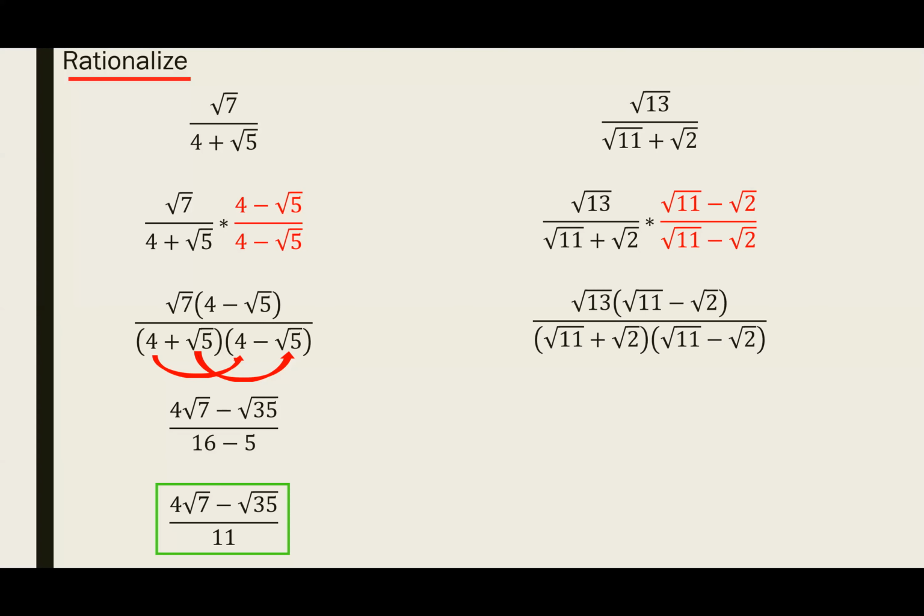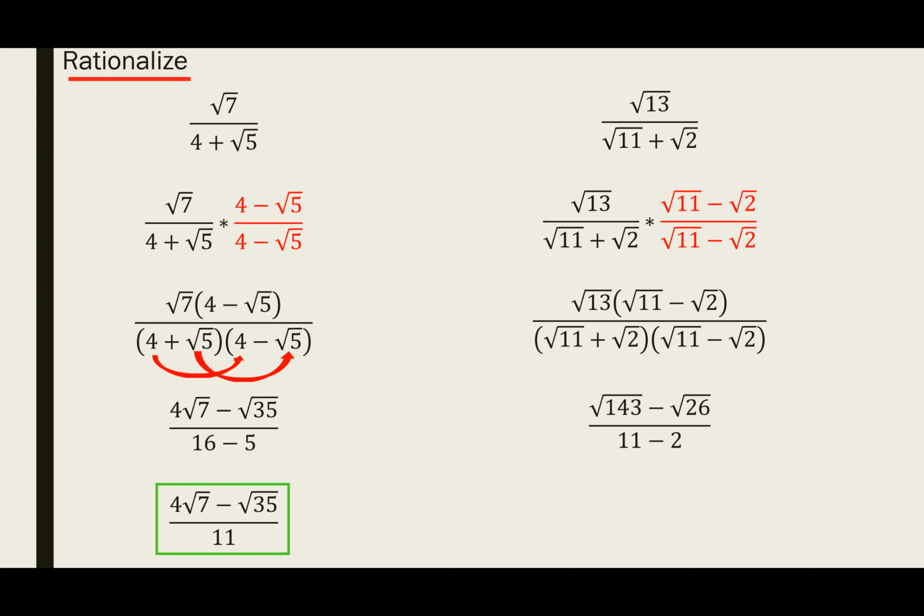If I distribute, I need to distribute the numerator, square root of 13 times square root of 11, 11 times 13 gives me square root of 143. And 13 times 2 gives me square root of 26.